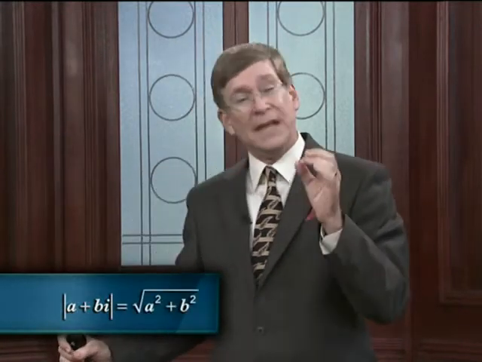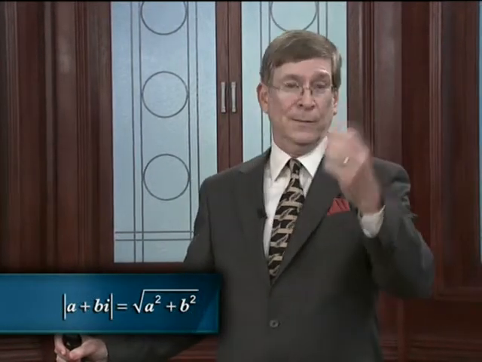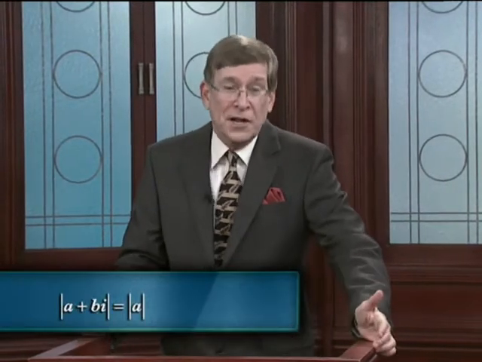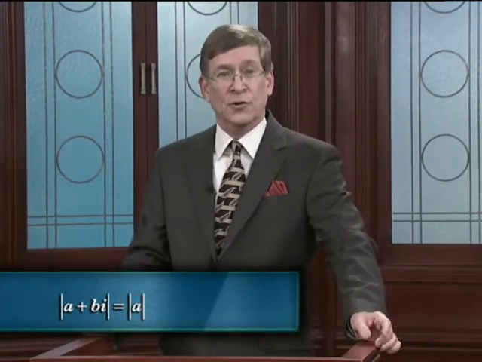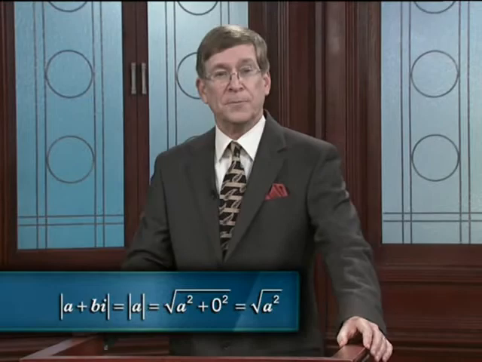That's defined to be the square root of a squared plus b squared. That comes from, of course, the Pythagorean theorem. In particular, if your imaginary component b is 0, then you get the ordinary absolute value that we've learned to love in mathematics, the absolute value of a, or if you want, the square root of a squared.